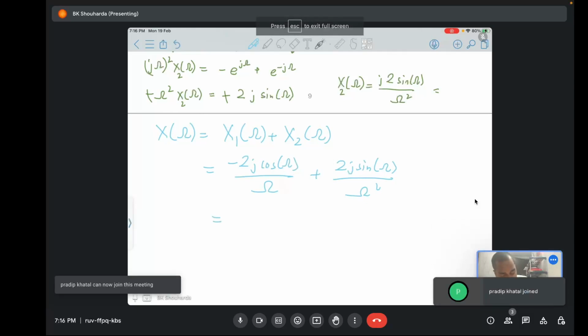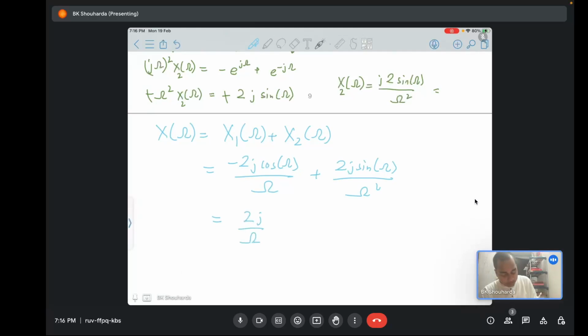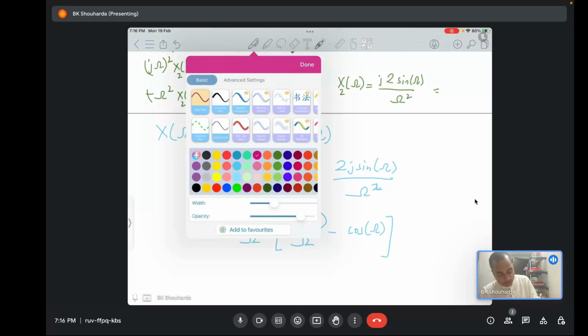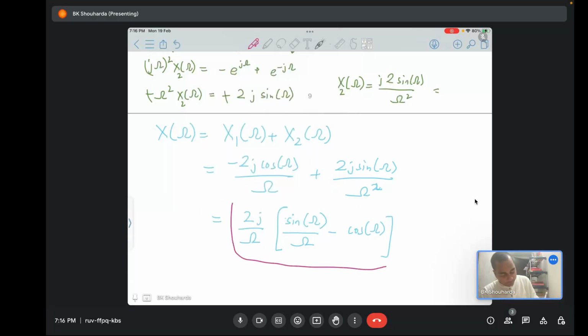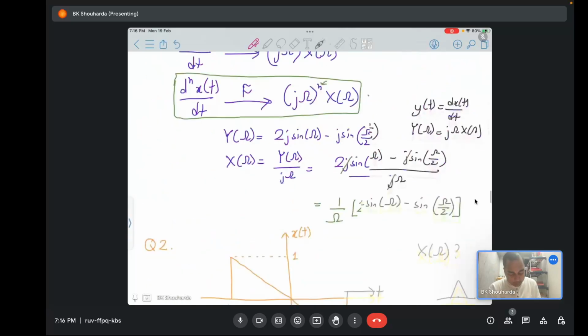So further simplifying, we take the 2j outside. I have sine ω upon ω squared minus cosine of ω upon ω. Alright, so this is the spectrum of the signal that I have shown over here.